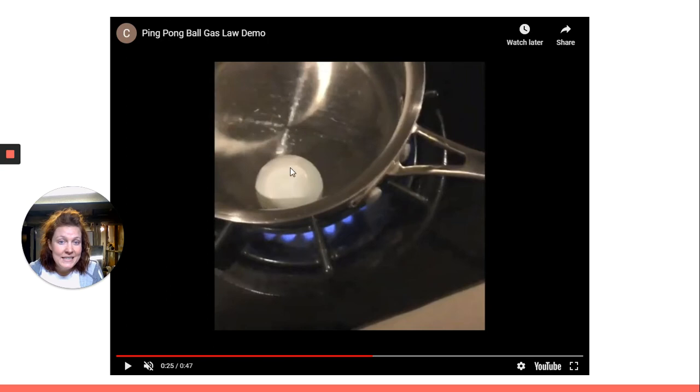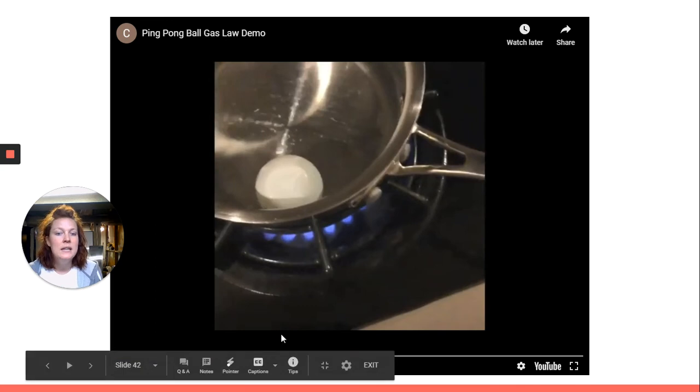But this dent, it's not there forever. The force of the gas particles hitting the inside of the ping pong ball pushes the dent back out of the ping pong ball, which increases the volume. So you can see that we've talked about a bunch of relationships just in that one explanation. Let me go ahead and rewind this. Maybe.